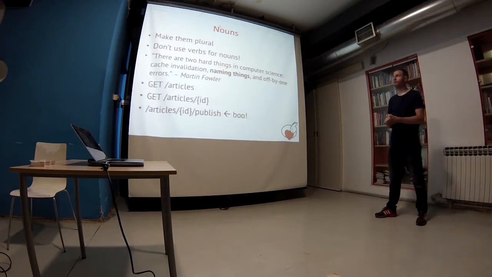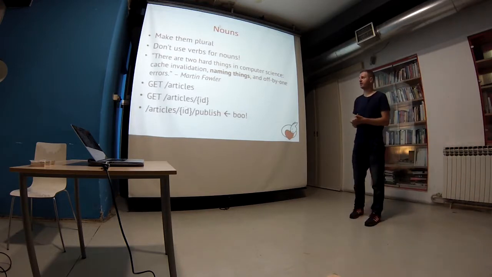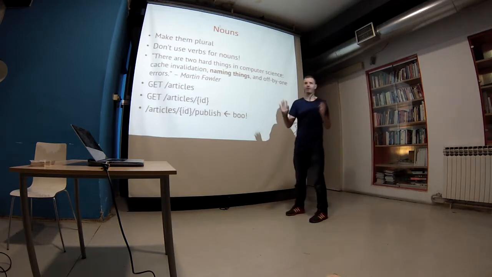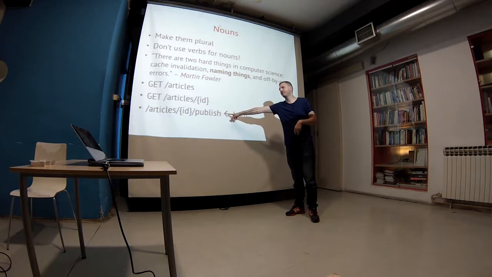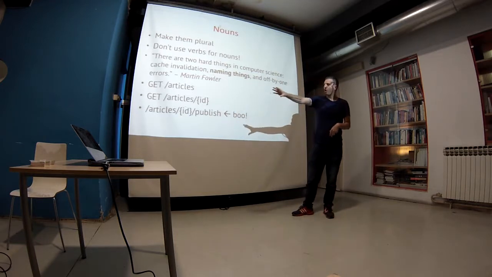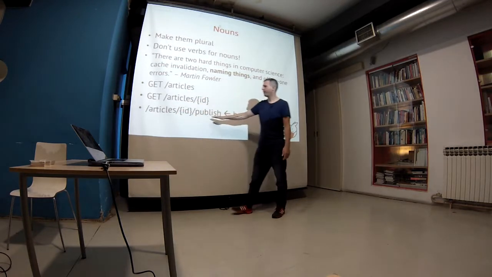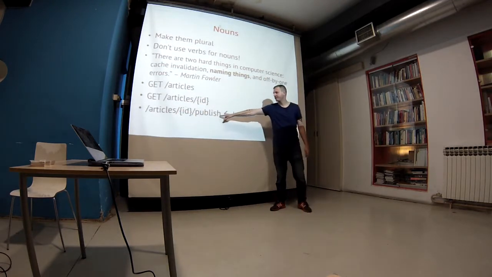You never want to use verbs for nouns. That's a really common thing that I see people do. And there's arguments about this, but in my opinion, you shouldn't do it. So for all of your objects, all of your URLs, you want nouns. You never want to have verbs. And the reason is, which of those HTTP verbs that we talked about would you think are valid on this URL?